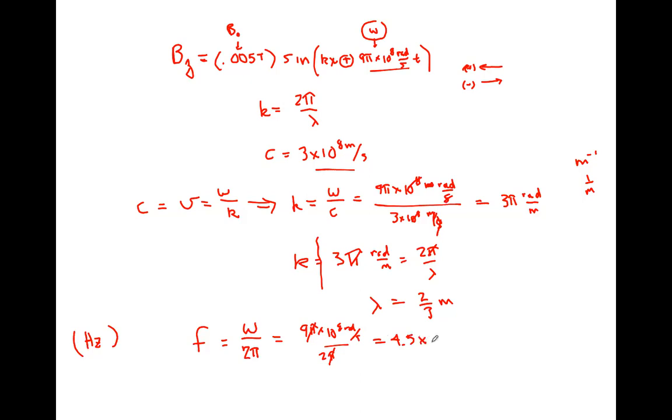And you can see why metric prefixes come into play here, right? We don't like writing times 10 to the 8th, okay? But mega is 10 to the 6th, right? So it'd be 10 to the second left over, turn that into megahertz, right? And so now I've got 450 megahertz.